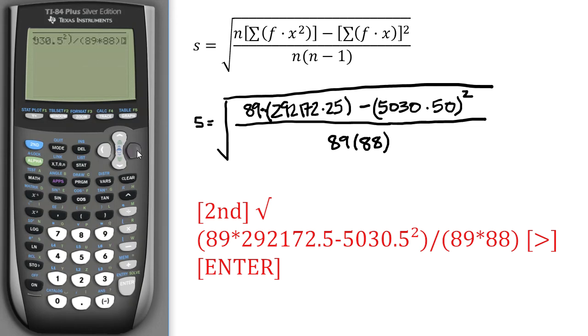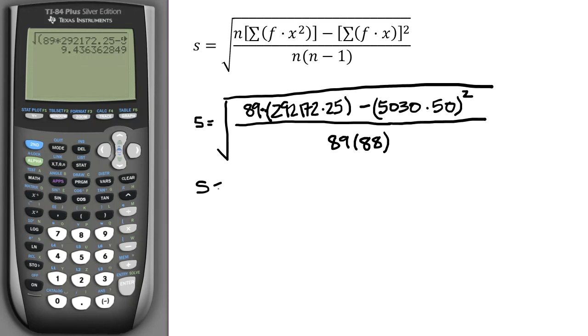I'm going to click this forward arrow to get out from under the square root and hit enter. And there I can see that my calculated sample standard deviation is 9.436, 9.44, and if I wanted to round this to a single decimal place, it's 9.4. And you'll recall the overall standard deviation, not calculated from the group frequency, was 9.0.